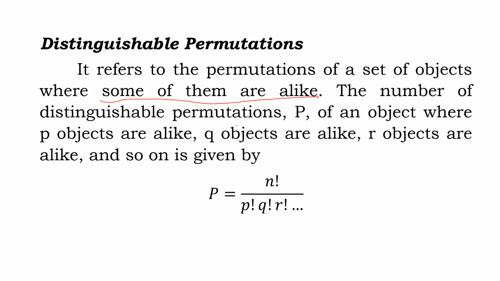The number of distinguishable permutations P of objects where p objects are alike, q objects are alike, r objects are alike, and so on is given by P equals n factorial over p factorial times q factorial times r factorial and so on and so forth.